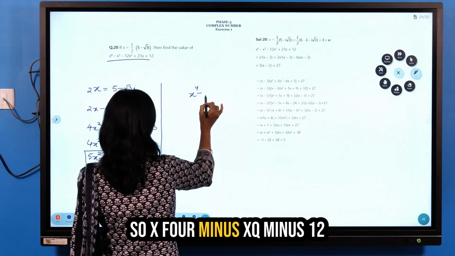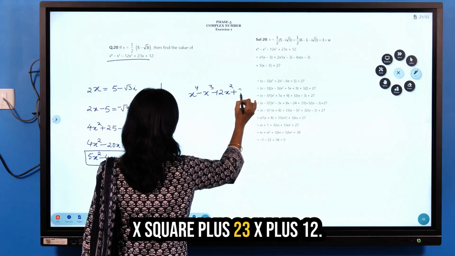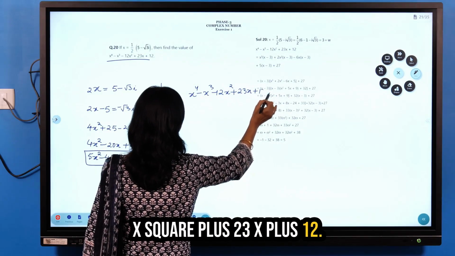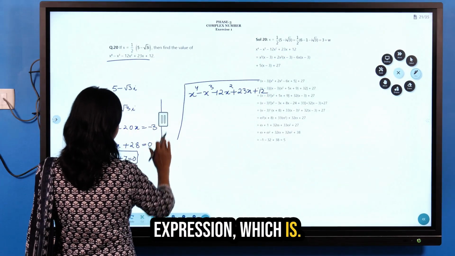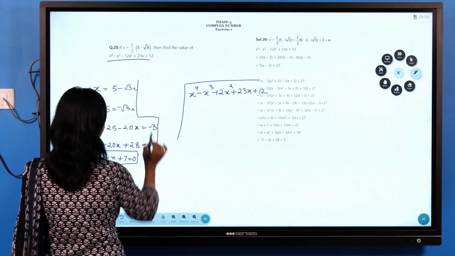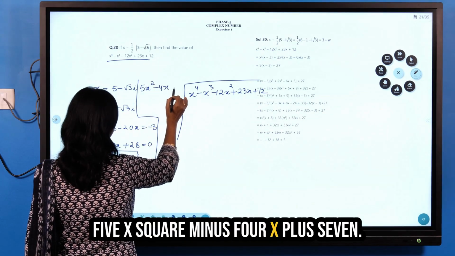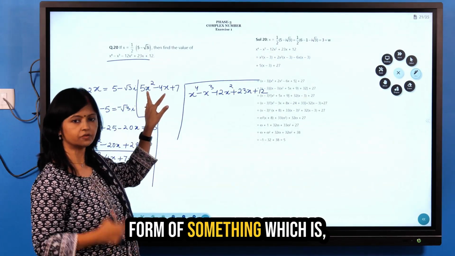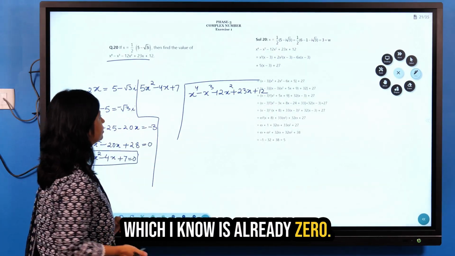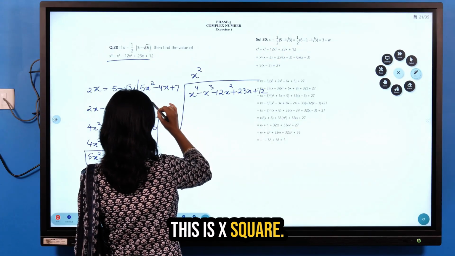So x to the power 4 minus x cube minus 12x square plus 23x plus 12. Let's divide it by x squared minus 5x plus 7. I am trying to write this in the form of something which I know is already 0.